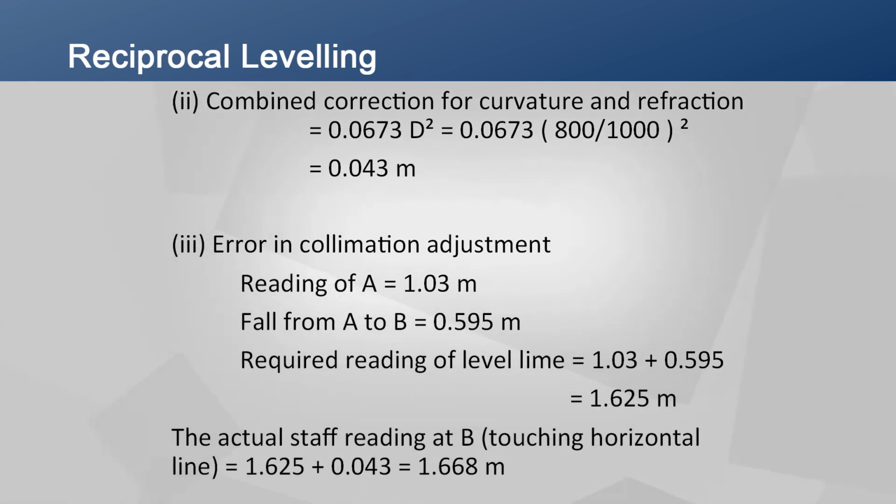The actual staff reading at B touching the horizontal line will be 1.625 plus 0.043, that is the combined correction for curvature and refraction, which results in 1.668 meters.